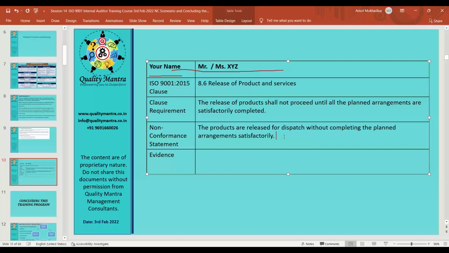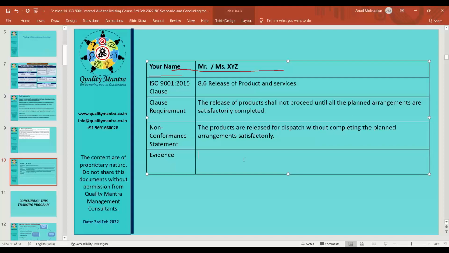If the requirement is as given in the organization's document, and it is not always the 9001:2015, it can be related to your organization's document also. In that case, you need to mention the organization's document number for the reference here. Got it? If an additional requirement is there which is not given in the 9001 standard, your organization can have your own requirements more than what is stated in the 9001.